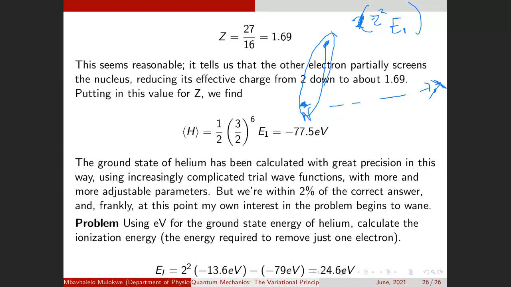So for this one there is no shielding, so that is just 2 squared times E1. So it's just E final, once you've moved this electron to infinity, subtracted the original energy of the system, which was the minus 79 electron volt. So this gives you 24.6, but I've not checked what the experimental value is.